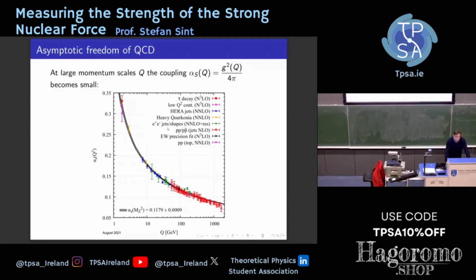There's e plus e minus physics, so jets and shapes. That was done at CERN before the LHC, in the same tunnel, an e plus e minus collider called LEP, the Large Electron Positron Collider, and then various other experiments. Okay, and there is some value for alpha S extracted from these experiments, which is given here. And this is about at 90 GeV, MZ is 90 GeV, about here.